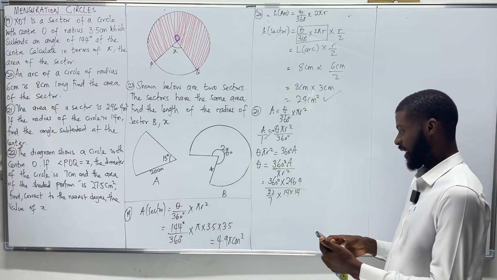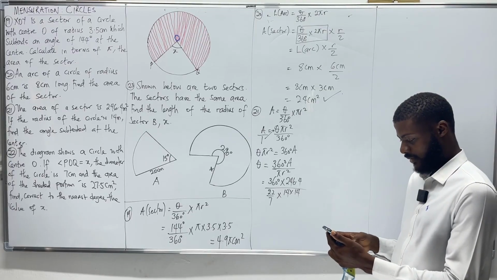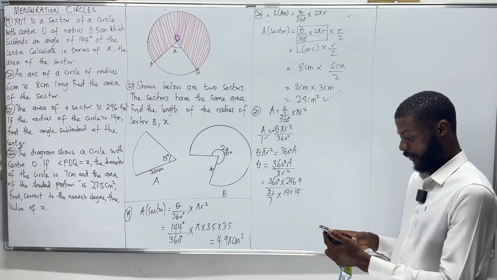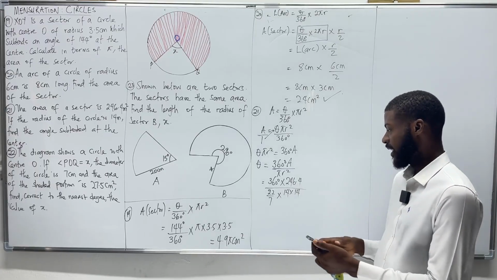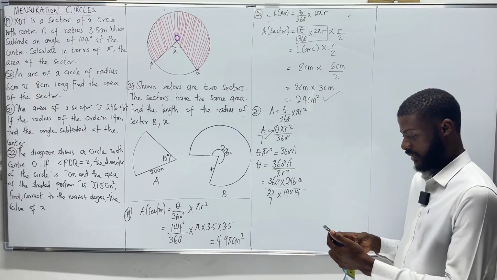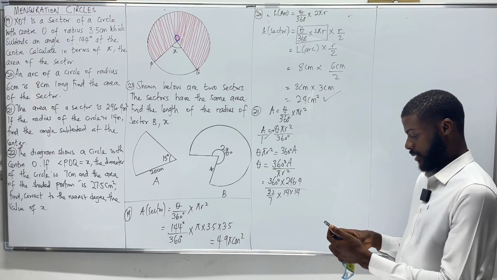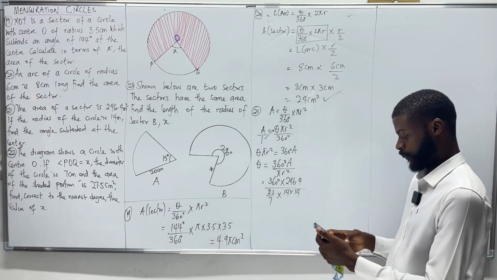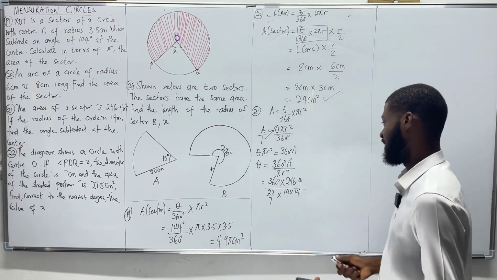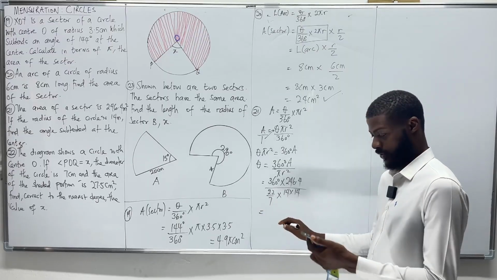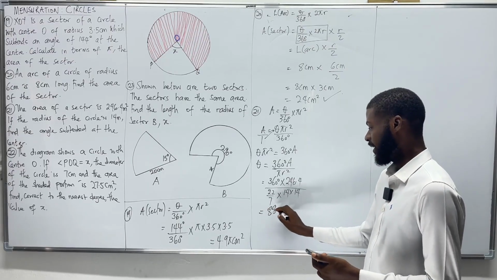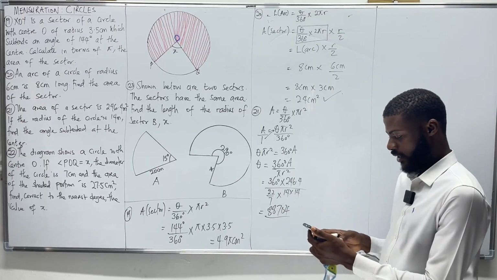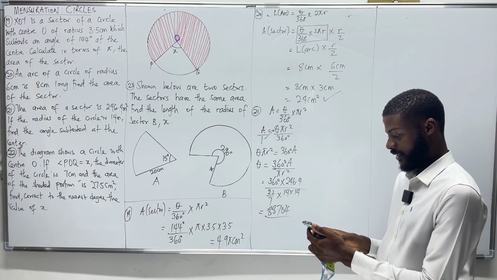Okay, so let me put that into the calculator. 360 times 246.4. Okay, so that's what we have. Let me write this answer first, so you wouldn't get it twisted. 88,704 divided by 22 times 2 times 14.